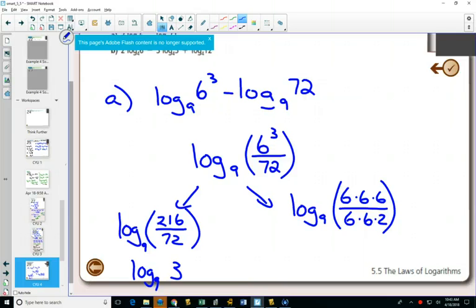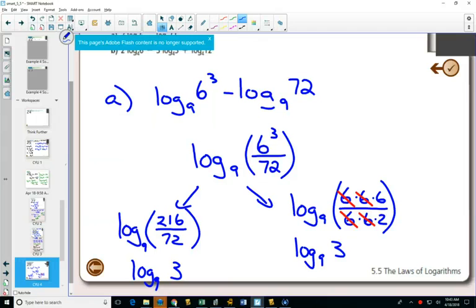Now, if you do it this way, you don't have to know that 6 times 6 times 6 is 216. You don't have to try to simplify 216 over 72, because our 6's simplify so nicely, and we're left with the much easier problem of 6 divided by 2, which is 3. Good. And we get the same answer.